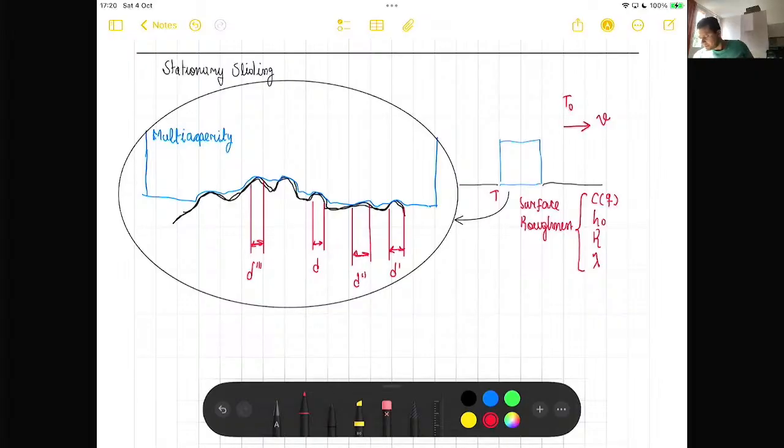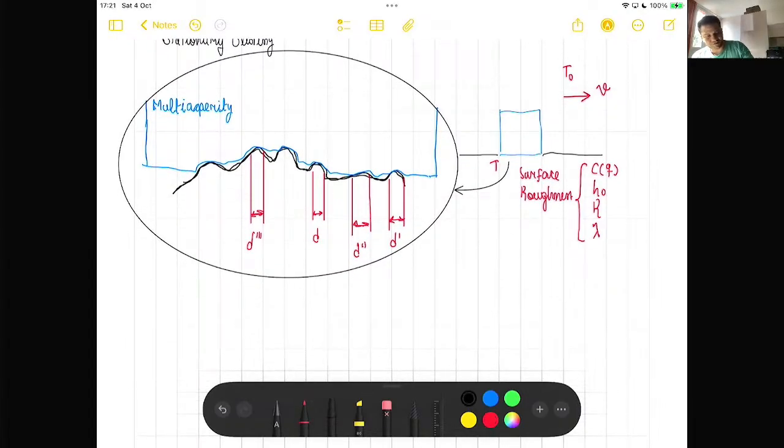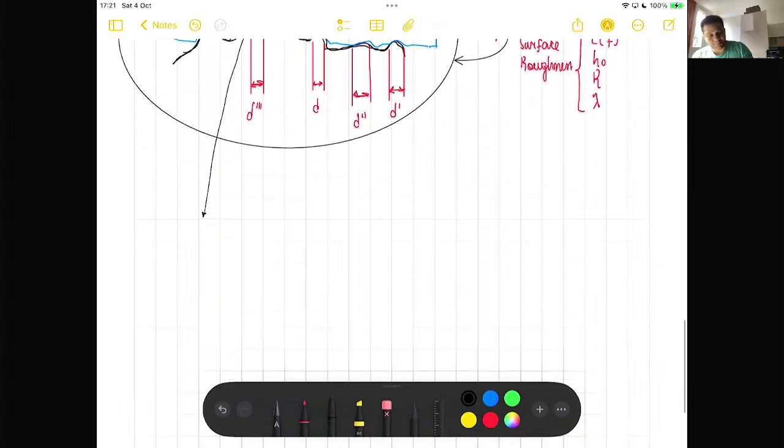So we include a thermal overlap between the heat produced in the microasperity contact area inside every macroasperity contact area. So to explain this, let's pick this one here.